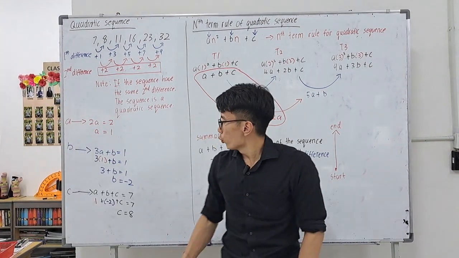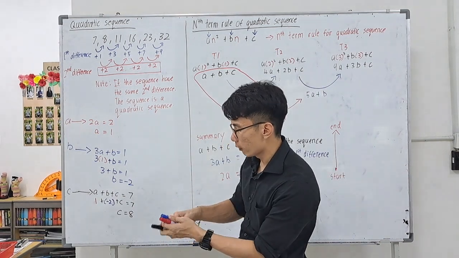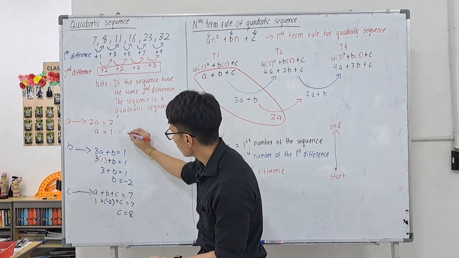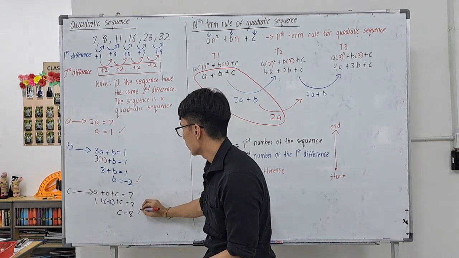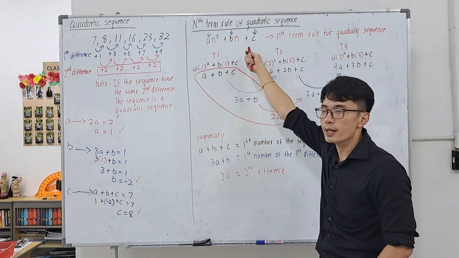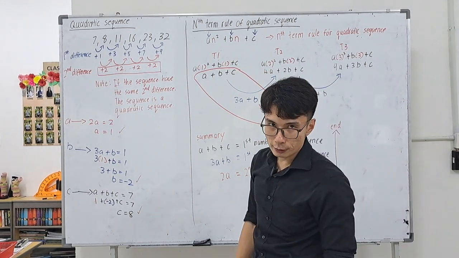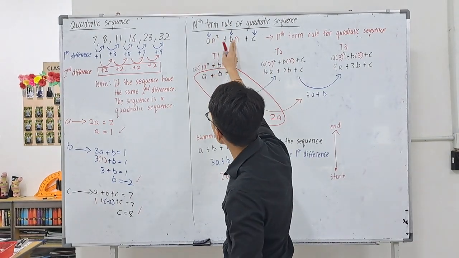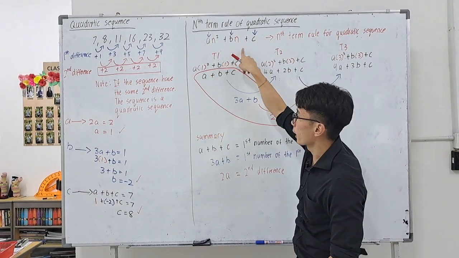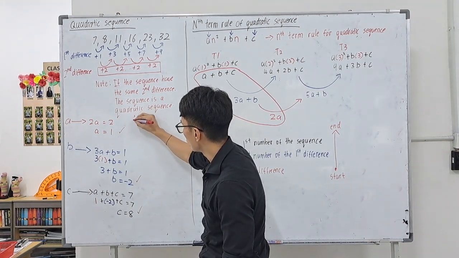Okay? So with this, what have I done? I have already found my values of A, B, and C, which is the information I need to make the n-term rule of this sequence. Correct? So what am I going to do now? I'm going to substitute my A, B, and C into this expression over here. This is how I'm going to write it. I'll put 3 dots over here.